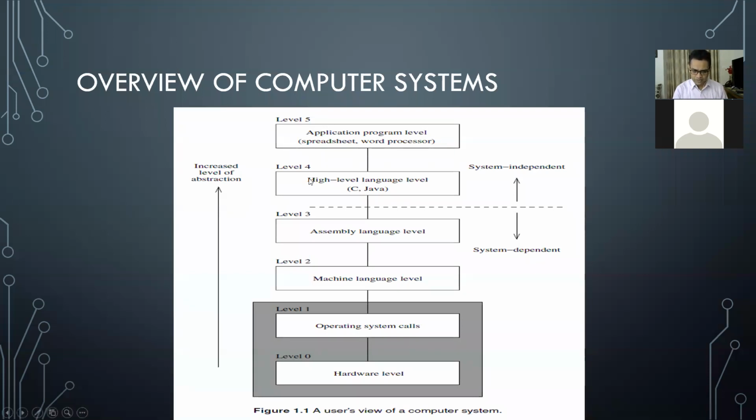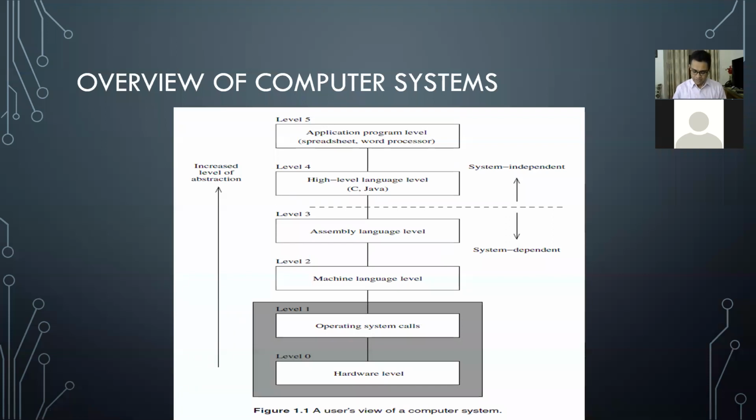But if you go one step down, to levels 3, 2, 1, and 0, for example our current language, assembly language, it is system dependent. Why? Because, as I have told you several times, whenever you write assembly language, you need to consider the system.